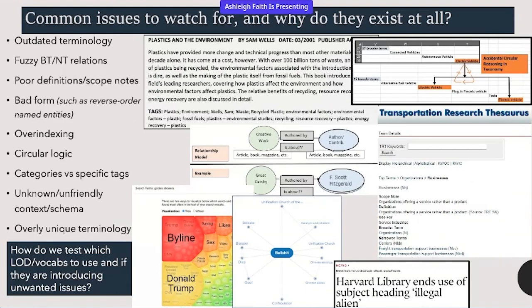All right, so here are the common areas to watch for. And why do these exist at all? So first, outdated terminology. I love taxonomies, but this is one of the areas that is really hard, because taxonomies are traditionally based on the assets that you are tagging with. So if you don't have assets on something, you might not have the word for it. Well, guess what? Content is coming in, assets are coming in, and you don't have the word yet.